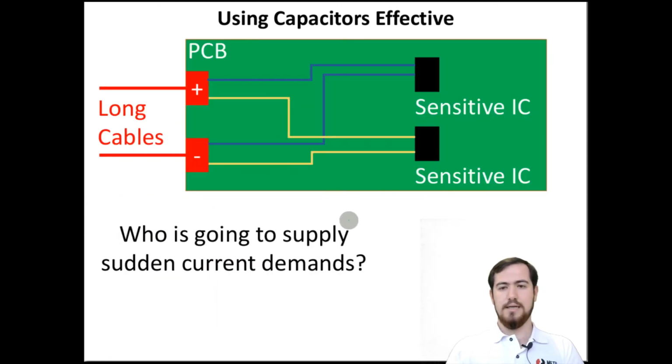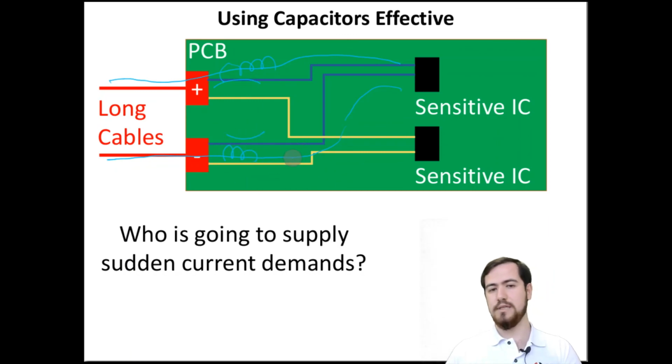Here we pictured a sensitive IC which needs a sudden current demand. So who is going to supply this current? In this situation, this current would have to be supplied through these long cables. As you can predict, it causes a very significant amount of inductance for all paths, I mean the incoming path and the outgoing path.